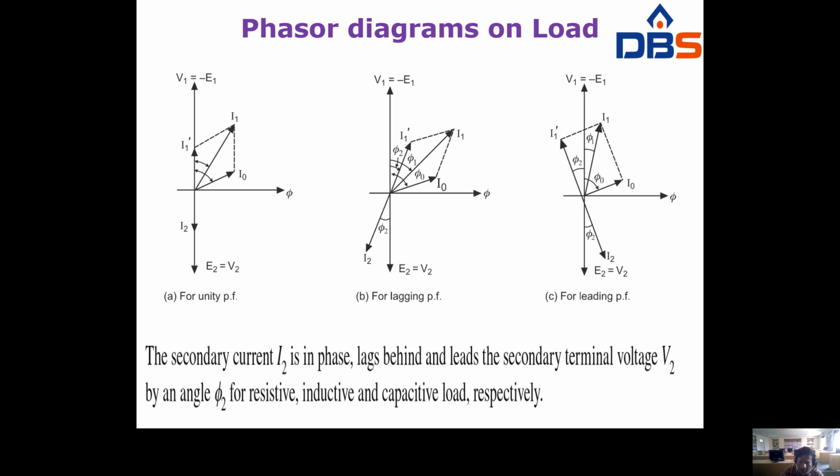I1 dash is always the opposite phasor of I2. And the combination of I1 dash and I0 is nothing but I1. For lagging, current is lagging by angle phi 2 with voltage E2, and exact I1 dash; combination of these two gives I1. Similarly, this also.